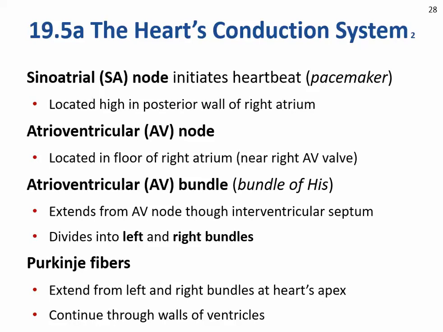When I was a student, I tried to remember that as the histologically interventricular septum. This immediately divides into left and right bundles, the bundle branches. And so in pathology, we're going to talk about people that have problems with these, called the bundle branch blocks.